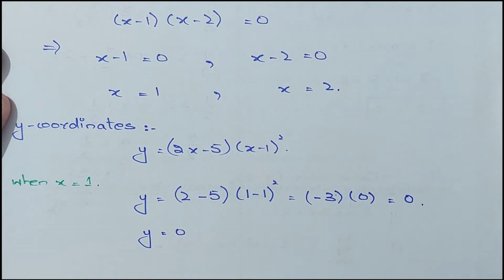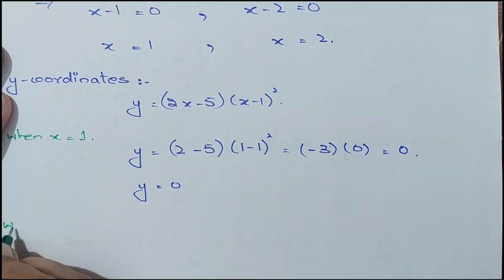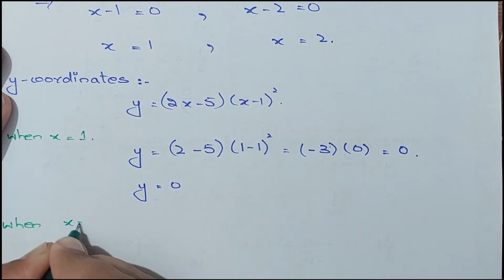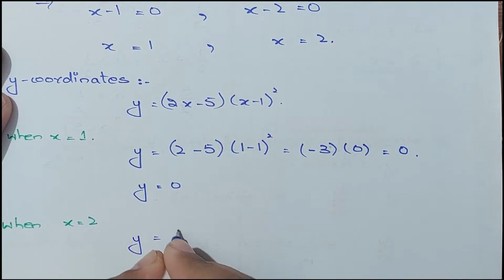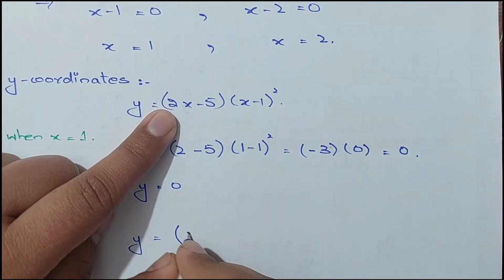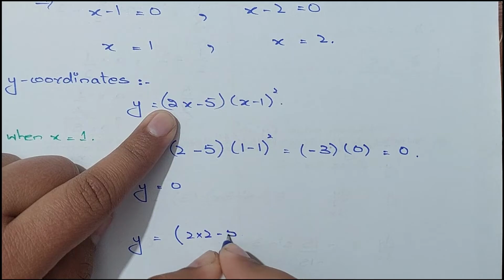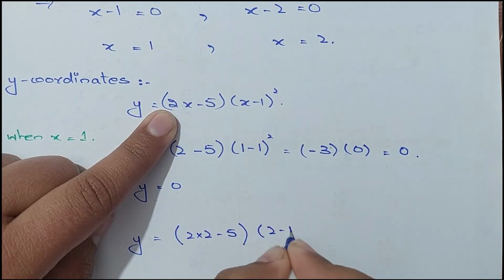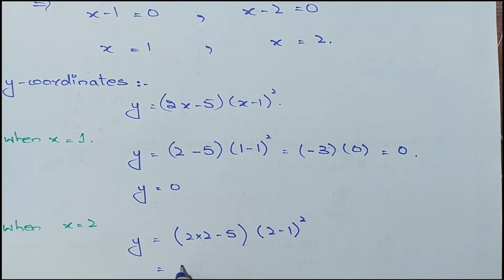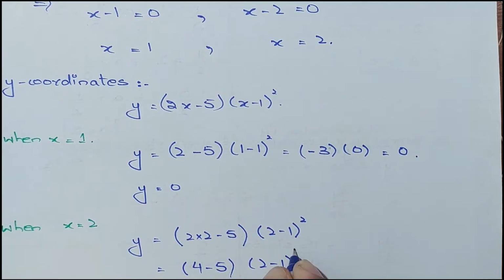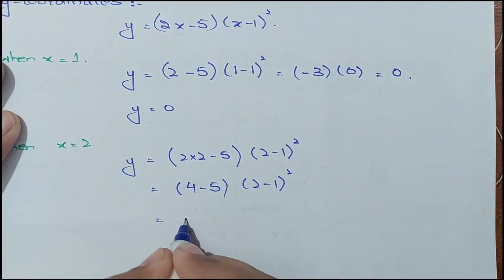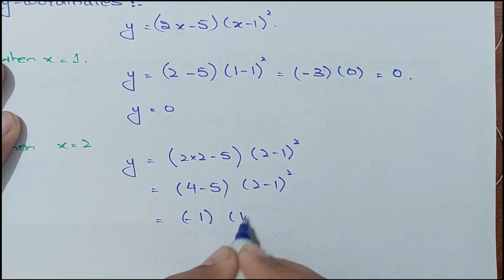The next is when x is 2. Solving for y, we have (2 into 2 minus 5)(2 minus 1) squared. 2 times 2 is 4 minus 5, and 2 minus 1 squared. 4 minus 5 is just negative 1 and this is 1 squared.